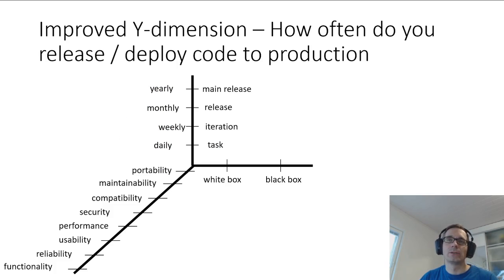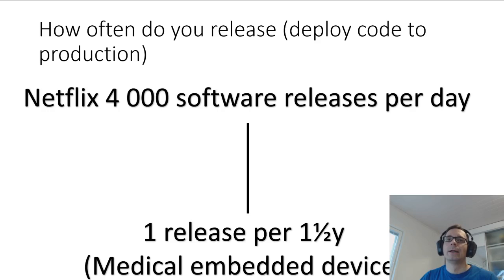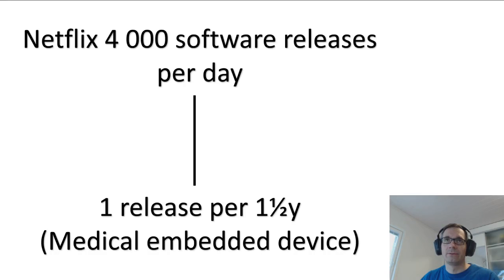So what quality assurance do you do each month? This depends on how often one releases or deploys code to the production environment. And there can be quite big differences between the companies.